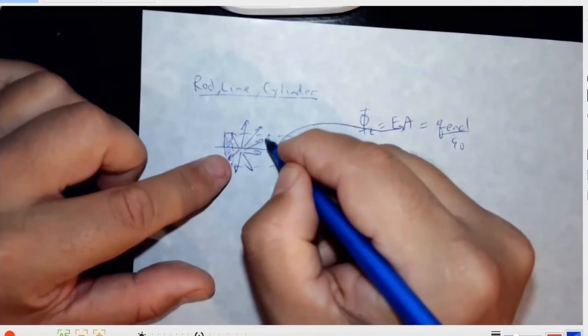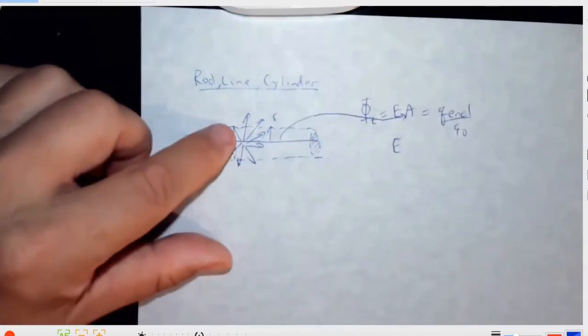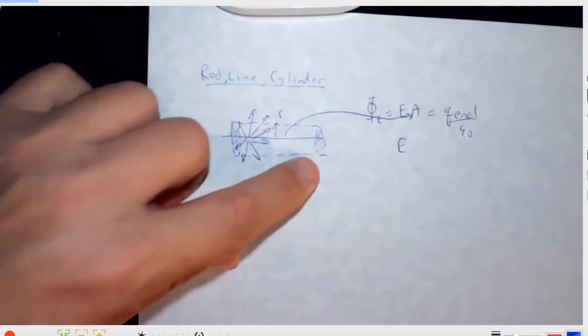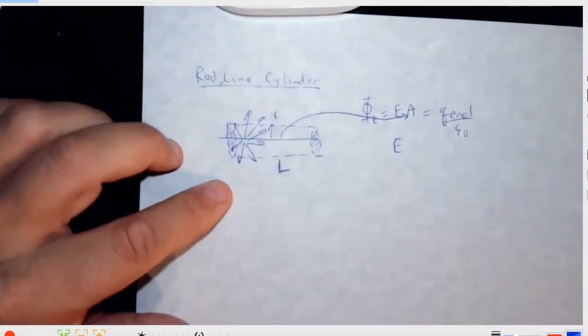So depending on what that distance is, R, the surface area of a cylinder is going to be 2 pi r times the length of that Gaussian cylinder.